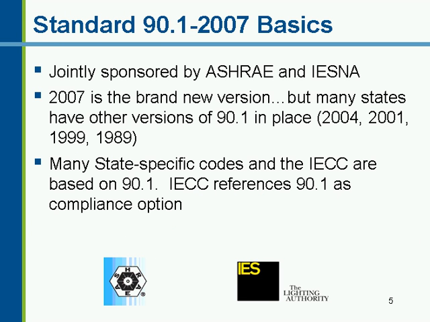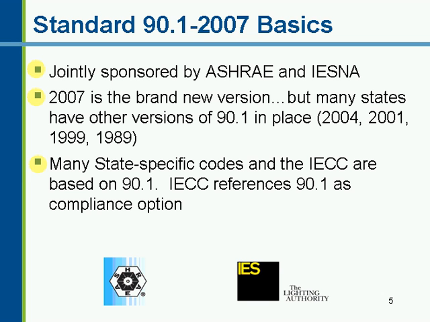So let's move into the code itself with some basics of Standard 90.1 2007. It is jointly sponsored by ASHRAE and IESNA because there are lighting as well as HVAC and envelope provisions. 2007 is the brand new version, but as you saw before, there are many other codes in place from 2004 clear back to the '89 version, which are adopted in various levels by different states.